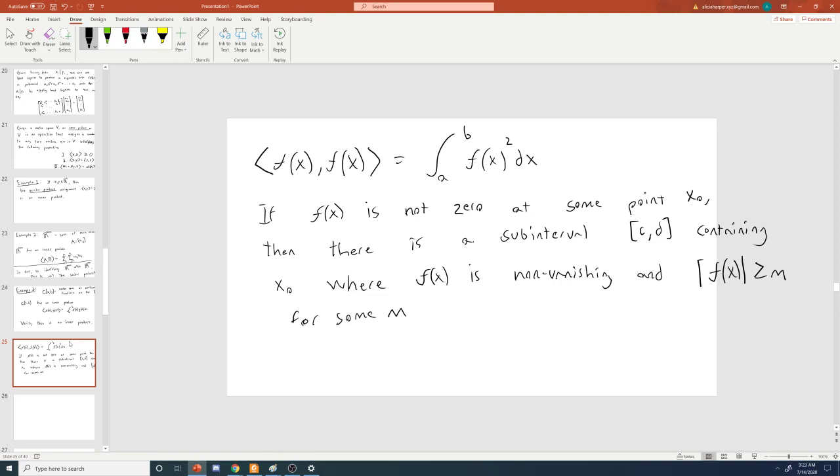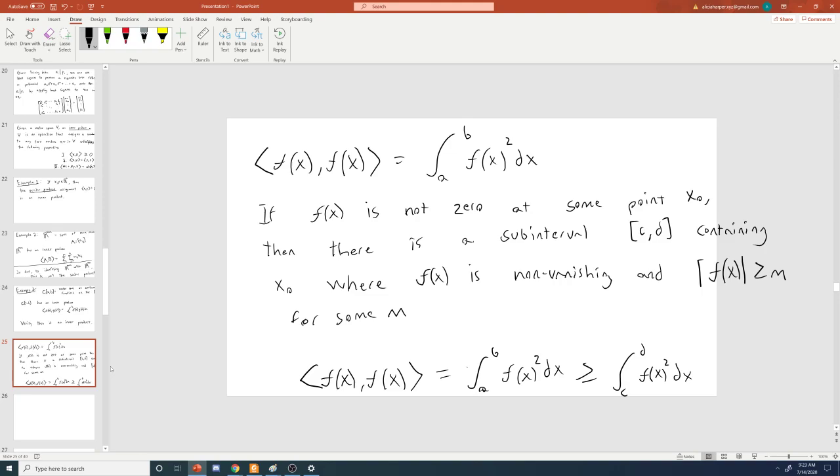In such a situation, the inner product of f with itself, though I haven't yet verified that it is an inner product, is equal to the integral from a to b of f of x squared dx, which is greater than or equal to the integral from c to d of f of x squared dx.